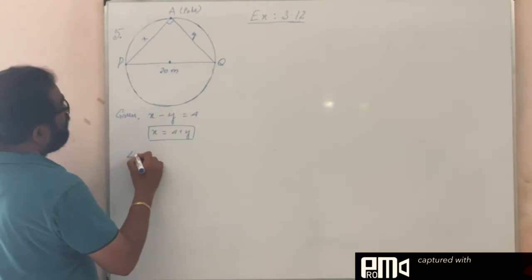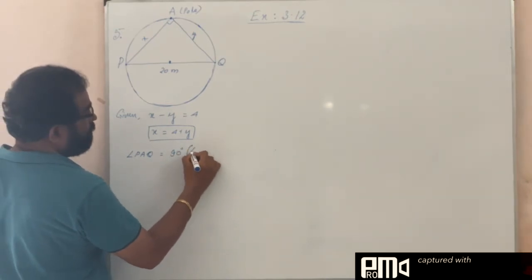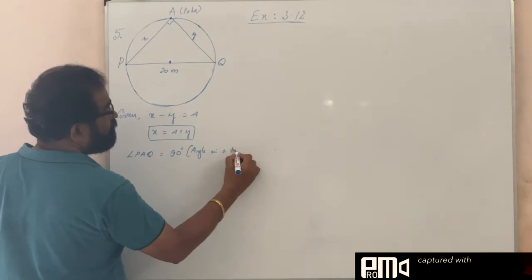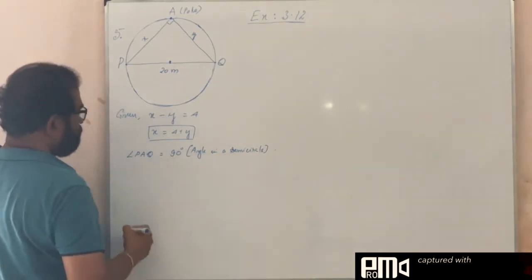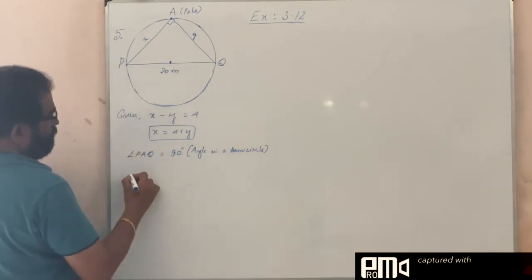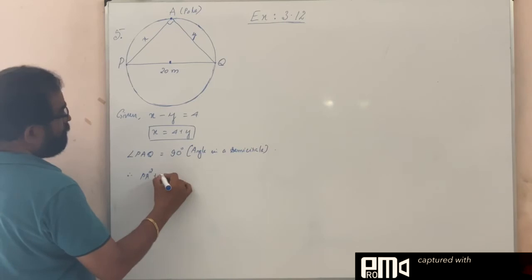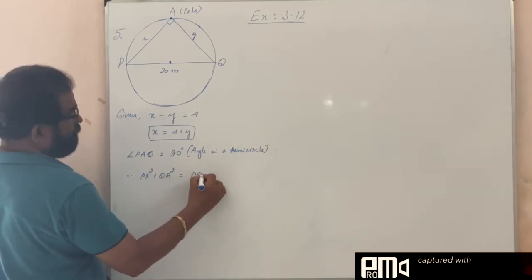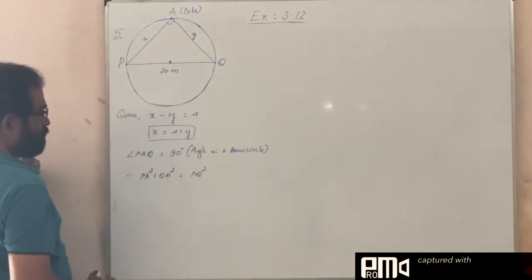Now I write angle PAQ is 90 degrees, angle in a semicircle. Therefore, we use Pythagoras theorem, that is PA square plus QA square is equal to PQ square. Opposite to the right angle is the hypotenuse. This is the square of the hypotenuse.